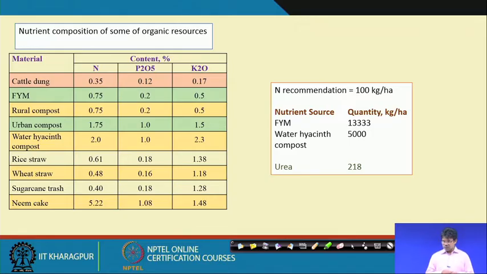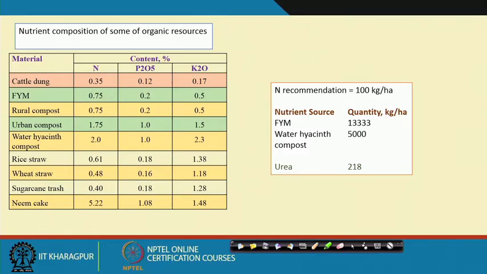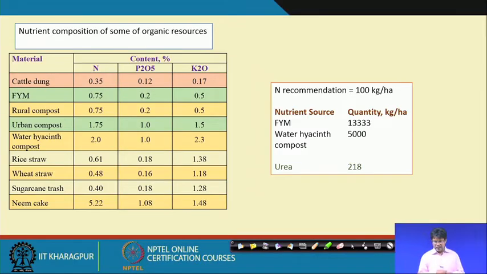For water hyacinth, which contains 2% nitrogen, that is 100 by 2 into 100; 100 by 2 is equal to 50, 50 into 100 is 5000 kg required for the water hyacinth.